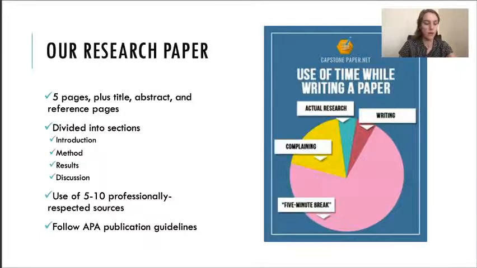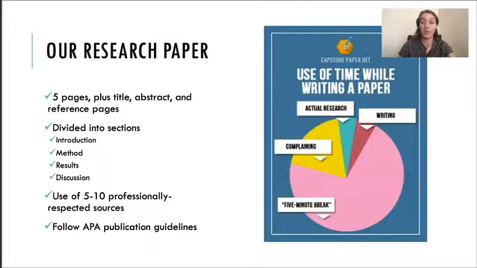And I made an infographic to show you this on the next slide. Because we're going to have 5 pages of writing, kind of meat of the paper, in addition to some other pieces of the paper that are required of a research report, including things like a title page, an abstract, which is a summary of your project, and a reference page as well.